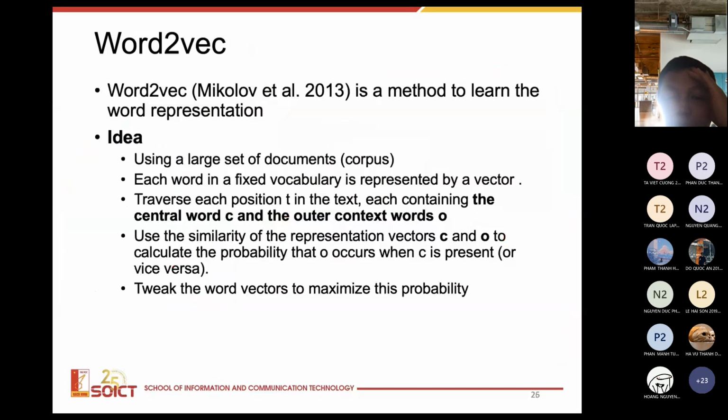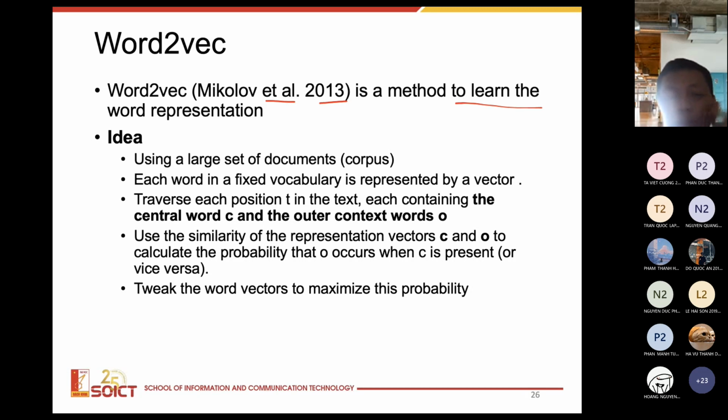Okay, so now we can start discussing a very popular word embedding mechanism, word2vec. This research was conducted in 2013 by Mikolov and other authors. This is a method to learn word representations.